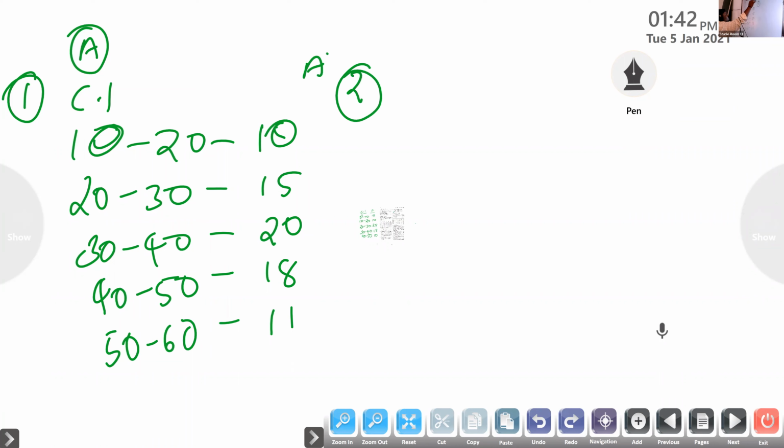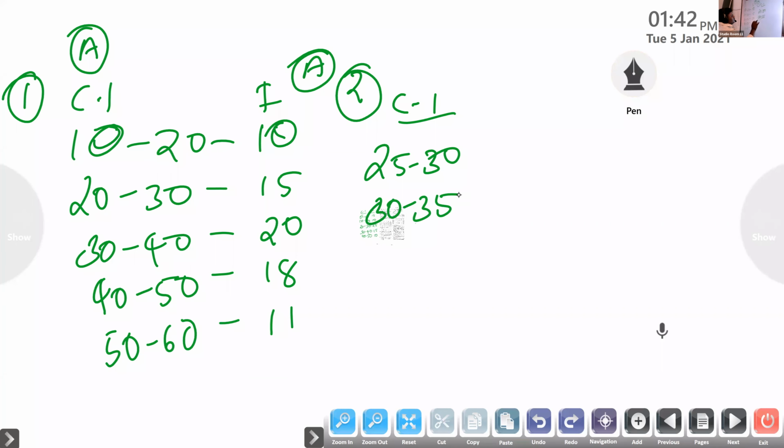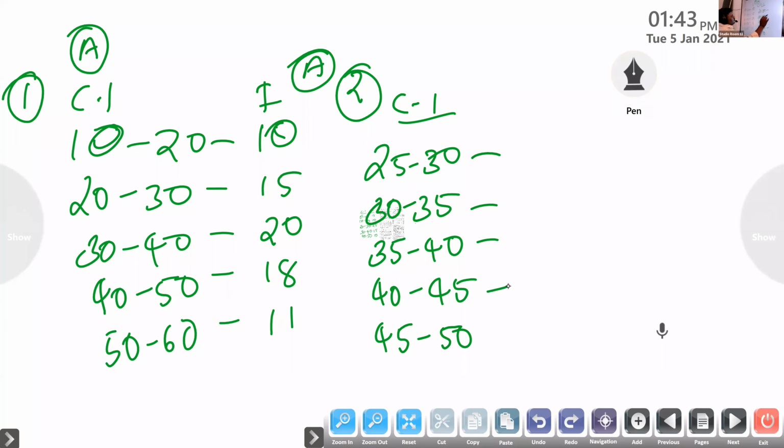Question number 2, assumed mean only. Class interval. Two homeworks.